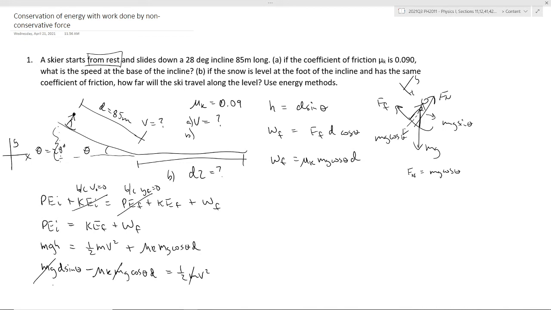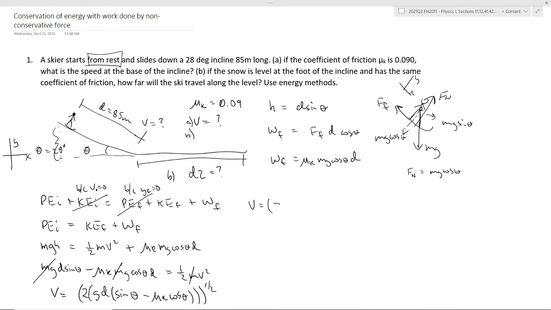And what would we get? We would get that v is going to equal the square root of 2 gd times sine theta minus mu k cosine theta. And we can put our numbers in here.